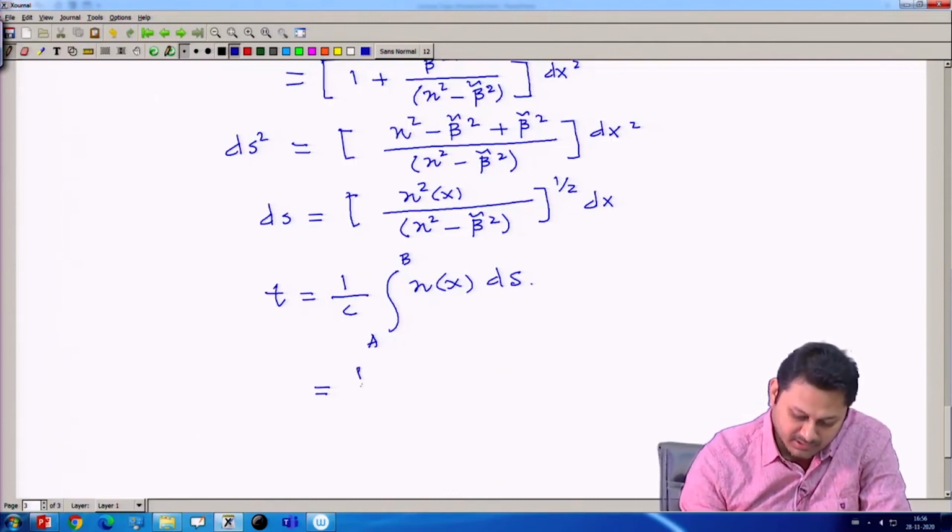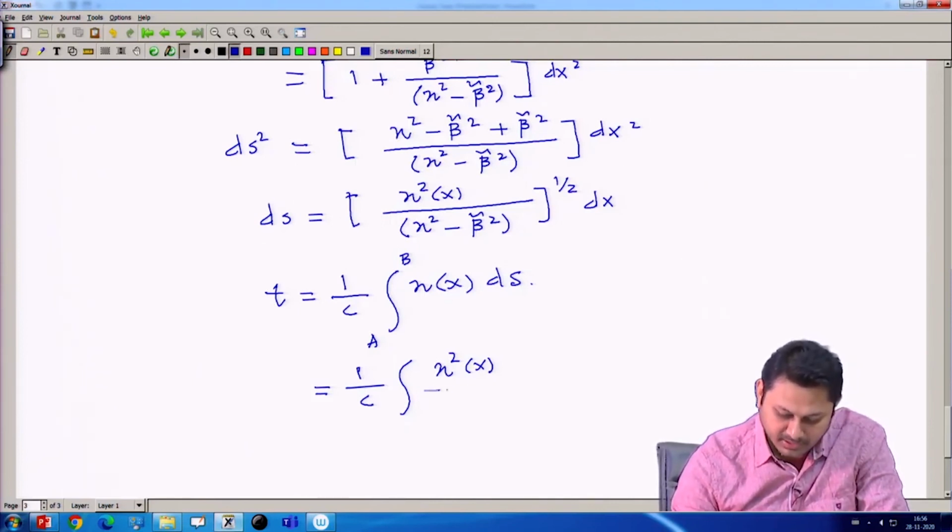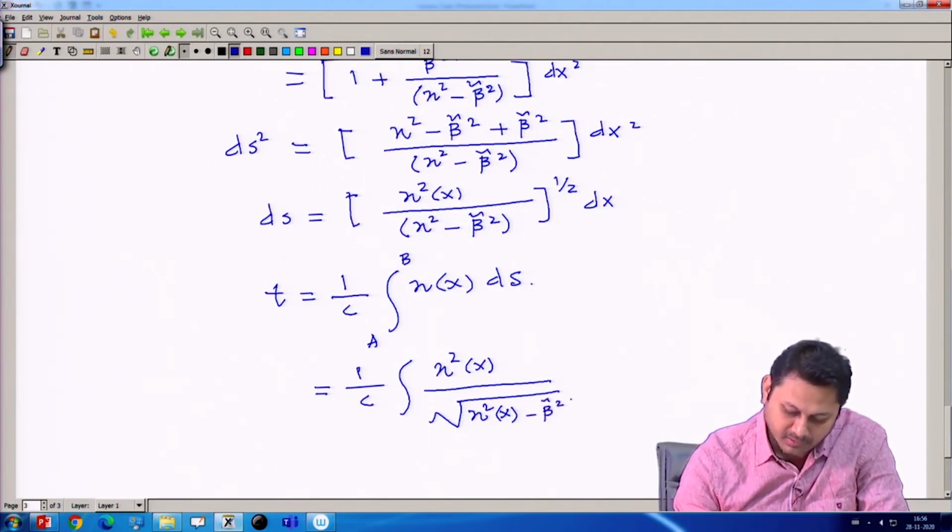So, I will put this, and finally, I have n square of x, one n will come from ds and another n is already sitting. So, that should be n square divided by root over of n square of x minus beta square, and dx.